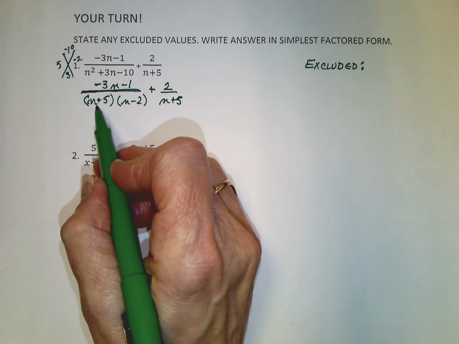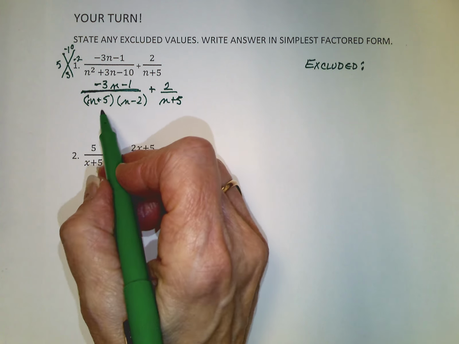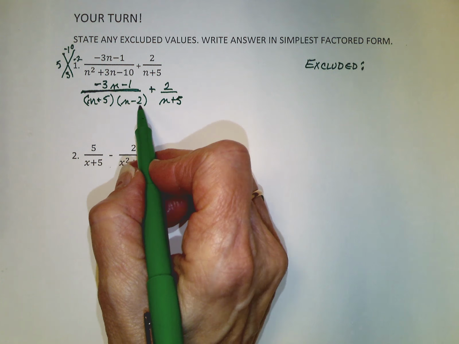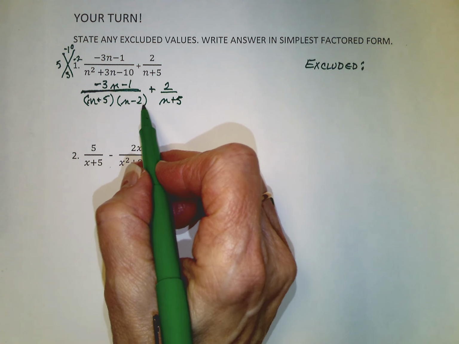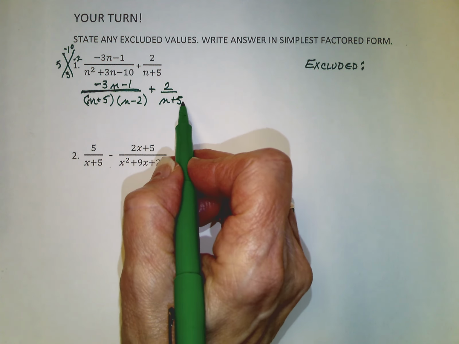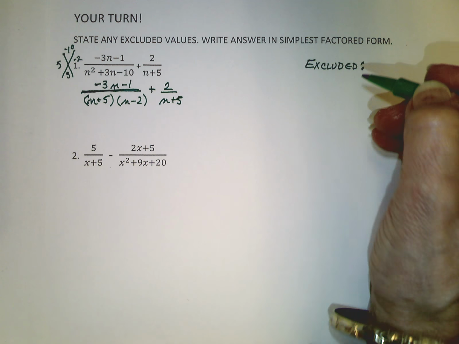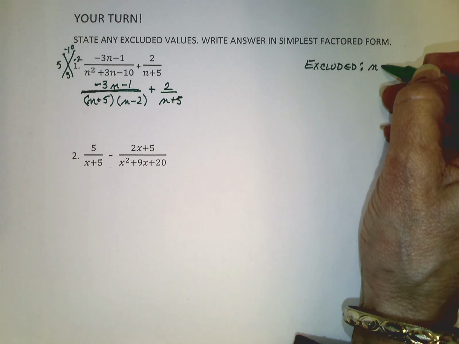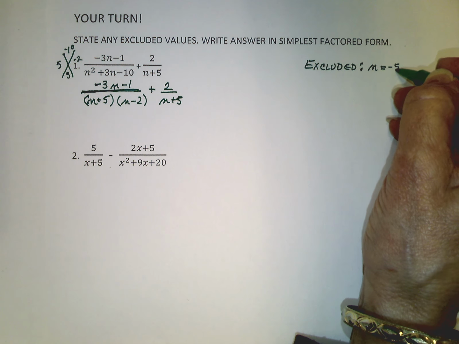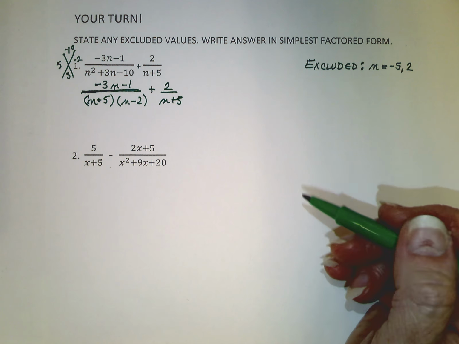Well, if n equals -5, this whole fraction is blown apart. Similarly, if n equals 2, and we've already taken care of the case here. This would have to be if n equals -5. So we're going to leave out when n equals -5 or when n equals 2. Leave those values out of our input domain.